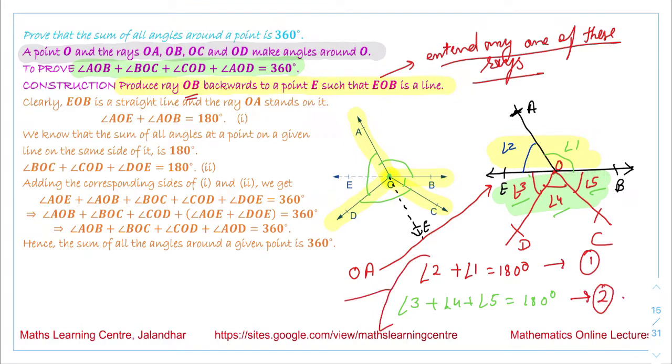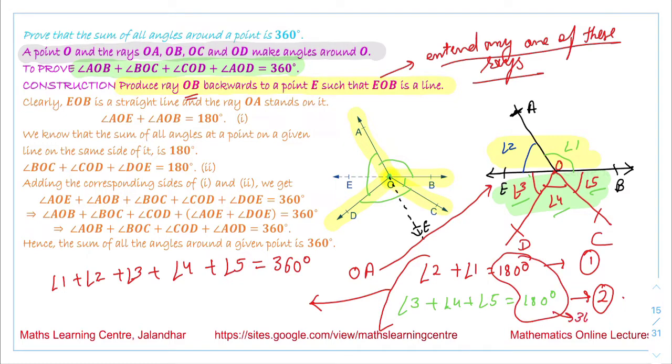If we add these two equations, we will get angle 1 plus angle 2 plus angle 3 plus angle 4 plus angle 5 is equal to 360 degree. 180 plus 180 is 360 degree.